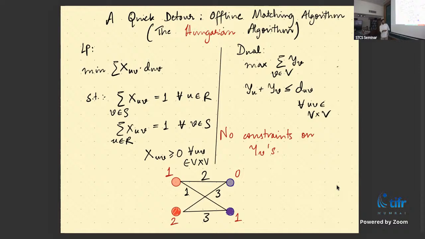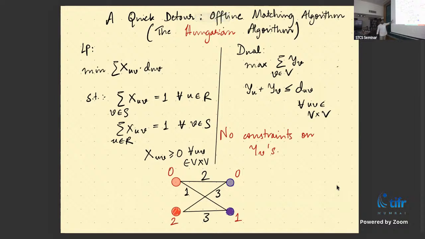Just to make sure that all of us are on the same page, let us take a small example. Imagine that these numbers are the y_v's that I have put on the vertices, and the black ones are the distances, the edge costs. As we can see, this is not a feasible dual solution, because this edge violates the dual condition: the sum of the duals exceeds the cost of the edge.